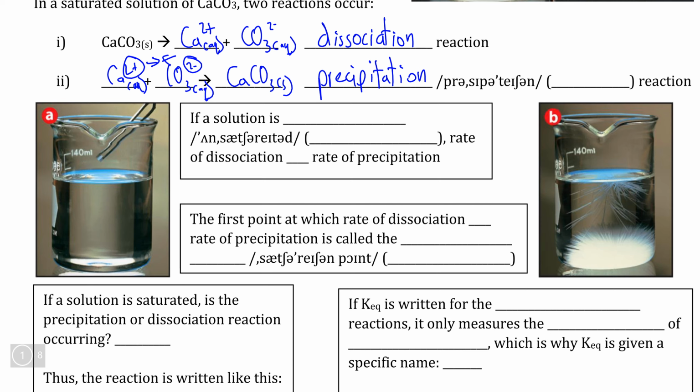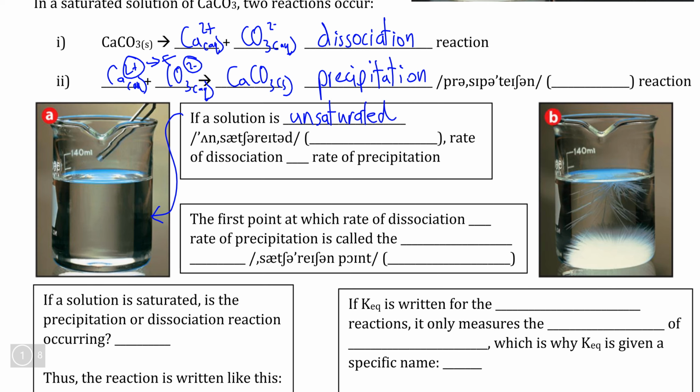Now let's talk about the relationship between these two in the process of making a saturated solution. So in this solution here, we do not see a precipitate being formed, meaning that if we have a specific amount of calcium and carbonate ions, we have not reached the saturation point because there is no precipitation reaction that is happening.